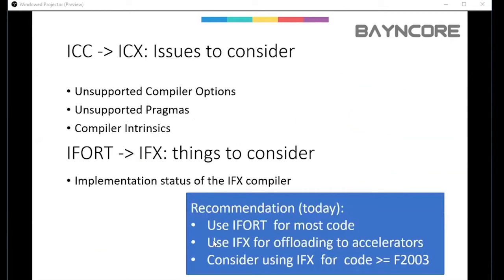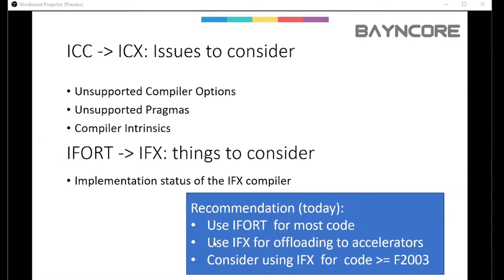When you're looking at ICC and moving to using the new compiler, issues to look for are compiler options, pragmas, and compiler intrinsics. If you're on Fortran, then the issue to consider is the status of the compiler.